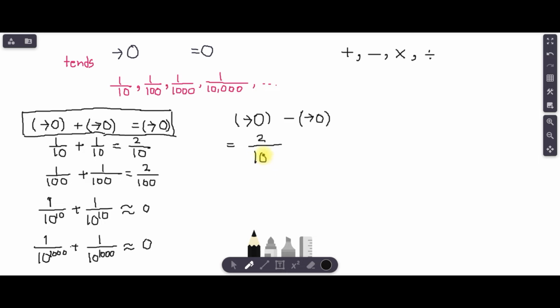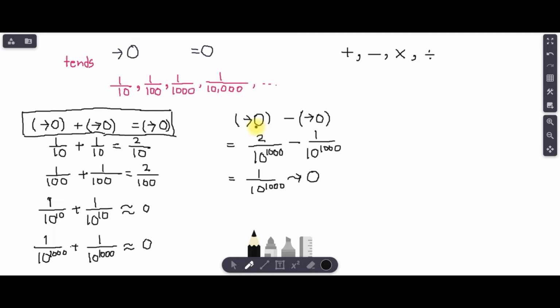Say one of them may be 2 by 10 to the power 100, it's pretty close to 0, or you can take 1000 by 10 to the power 1000. So if I subtract it, you get a result 1 by 10 to the power 1000. This is also tending to 0.